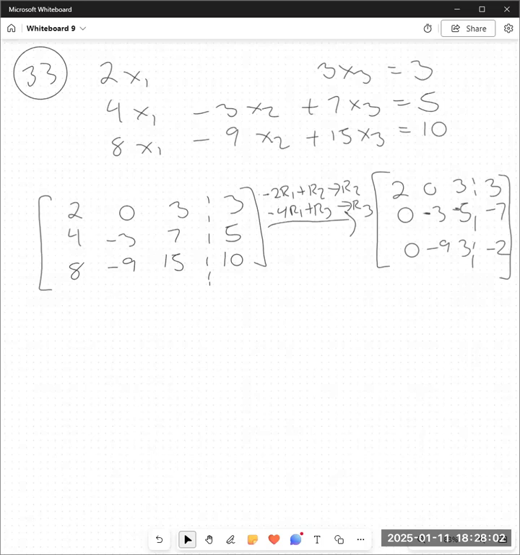It should be 1. So we have 2, negative 2 times 3 is negative 6 plus 7 is 1. And that is negative 6 plus 5 is negative 1.